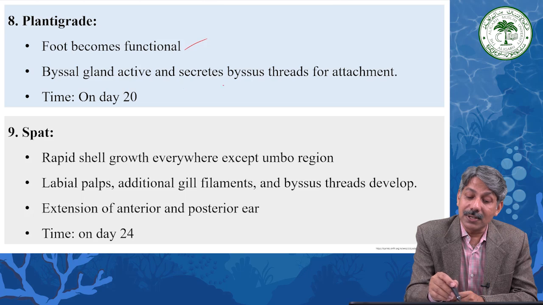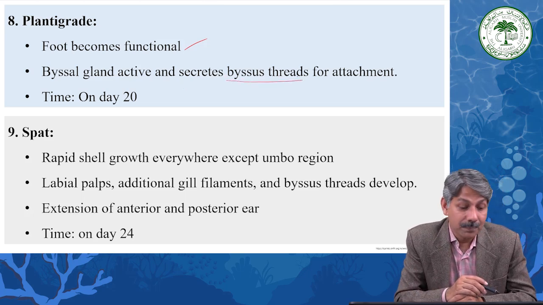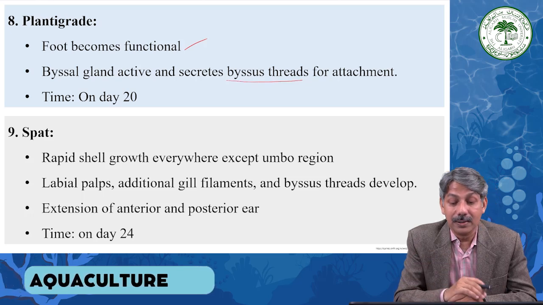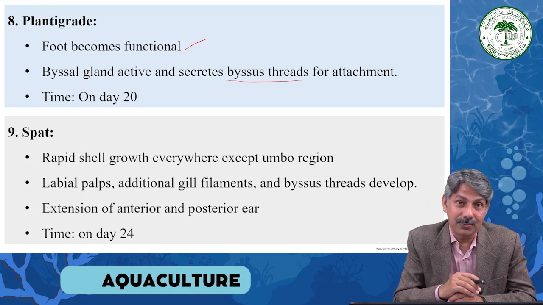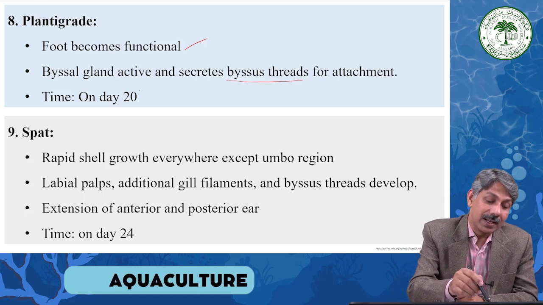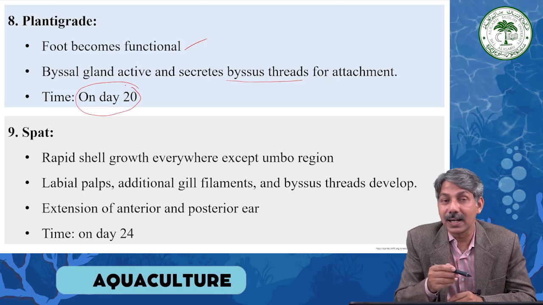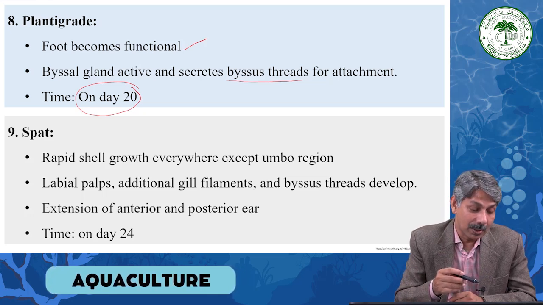The byssal gland is active and secretes byssus threads, which are very necessary for attachment. So, in the plantigrade stage, there is provision for attachment to a hard surface, and this is on day 20. So these timelines and the characteristics with timelines become very important to remember.